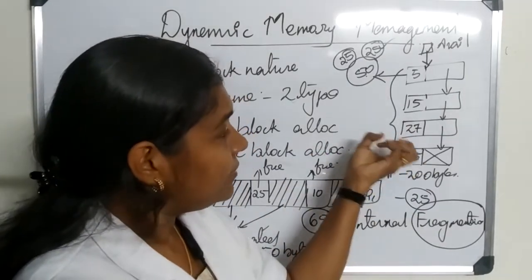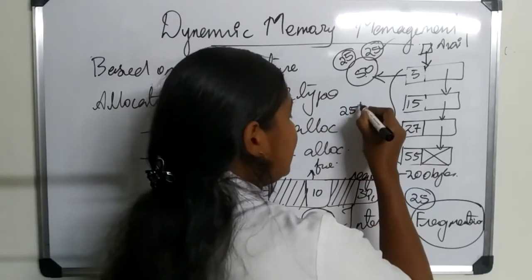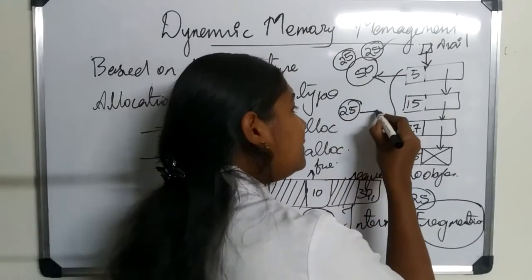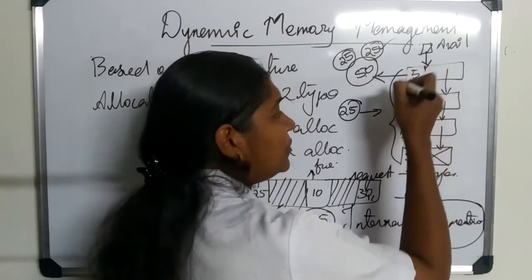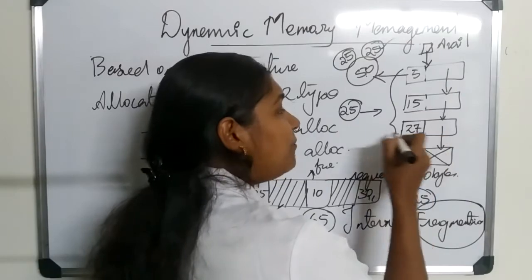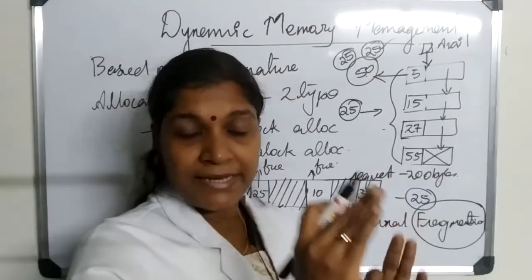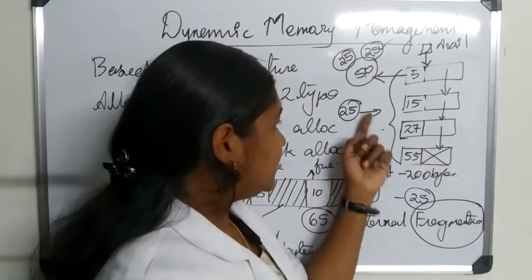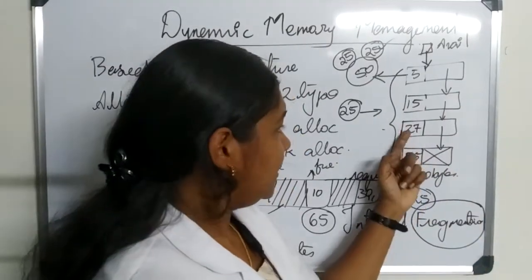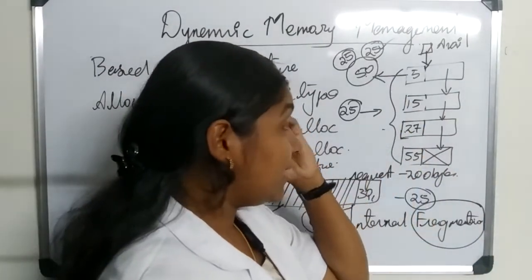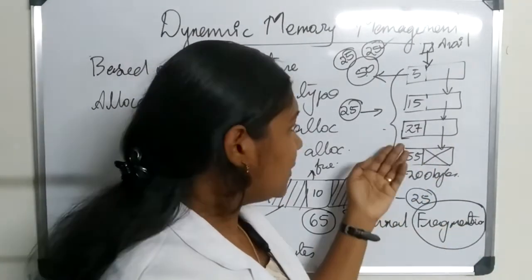Then whenever a particular block is required, suppose a request of 25 bytes is coming, it will be compared with each of the memory blocks starting from the first node, till it reaches the apt memory location, which creates the least internal fragmentation. Such a block will be found from this entire list. It is very easy, right? Because they are already arranged in increasing order of their memory, it is very easy to find the correct block.